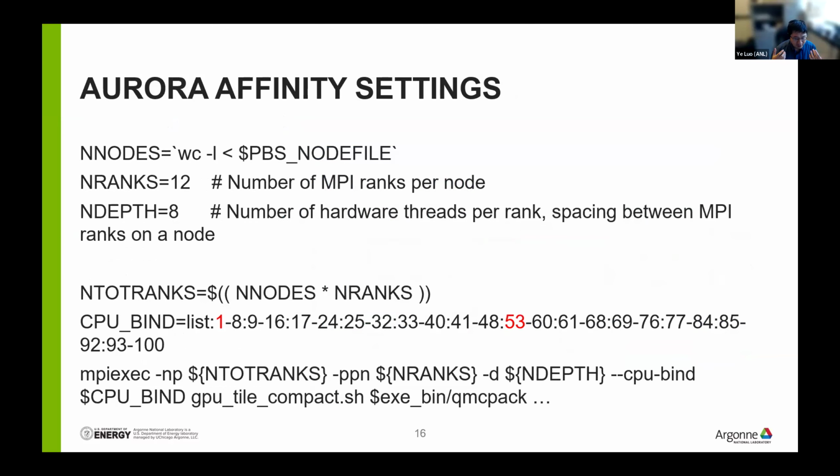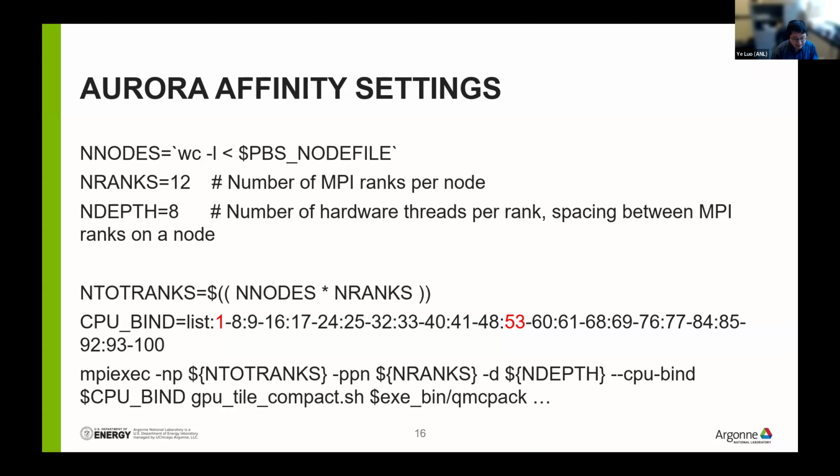So in the Aurora case, there are 12 ranks per node, and because 52 by 2 is 104, and there are 12 GPUs, roughly at maximum you can guarantee 8 cores per MPI rank.